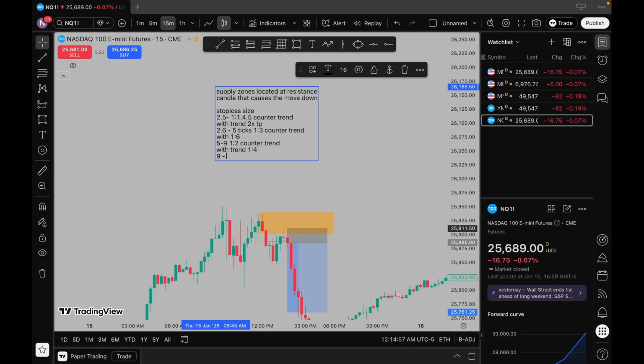So 9 to 11 ticks is going to be a 1 to 1.5 counter trend. With trend, it's going to be a 1 to 3.